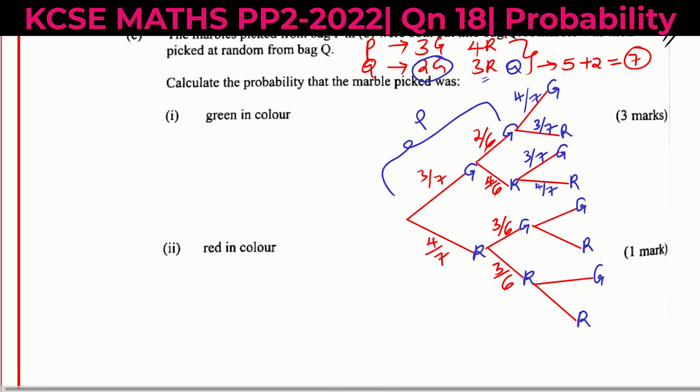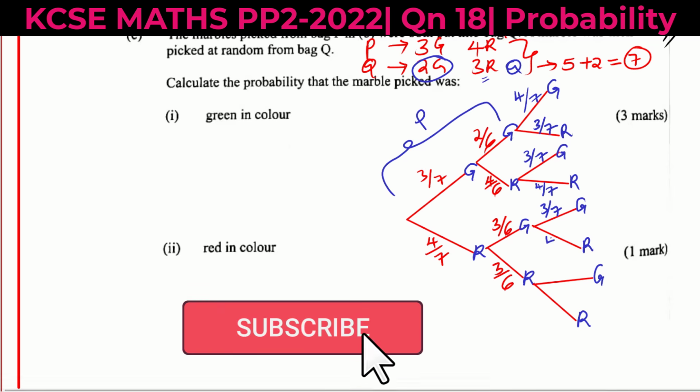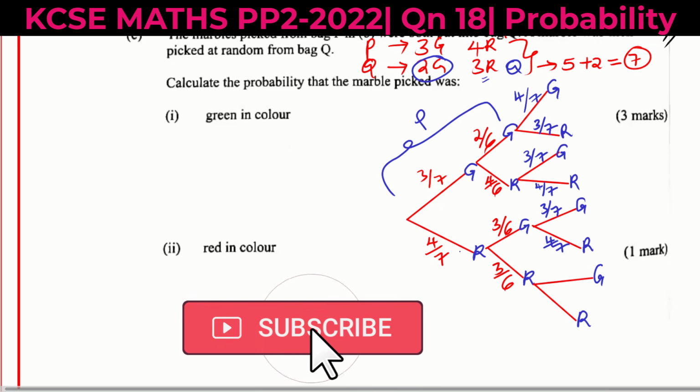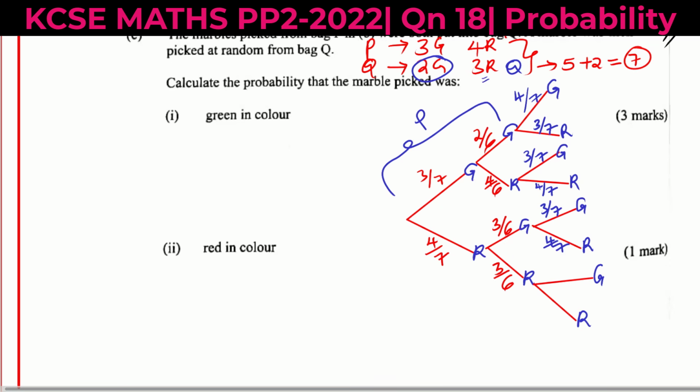The next branch, red, green. 2 marbles from P. One is red, one is green. You put that into Q, where we have 2 greens. So you add 1 green to be 3/7 again. Then the reds are 3, so add this 1 red here. It will be 4/7. The last branch, you pick the 2 to be red and red.